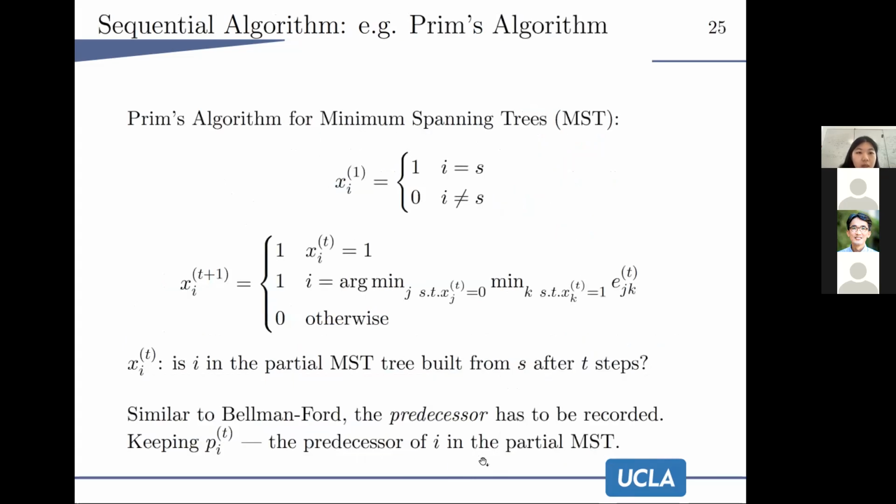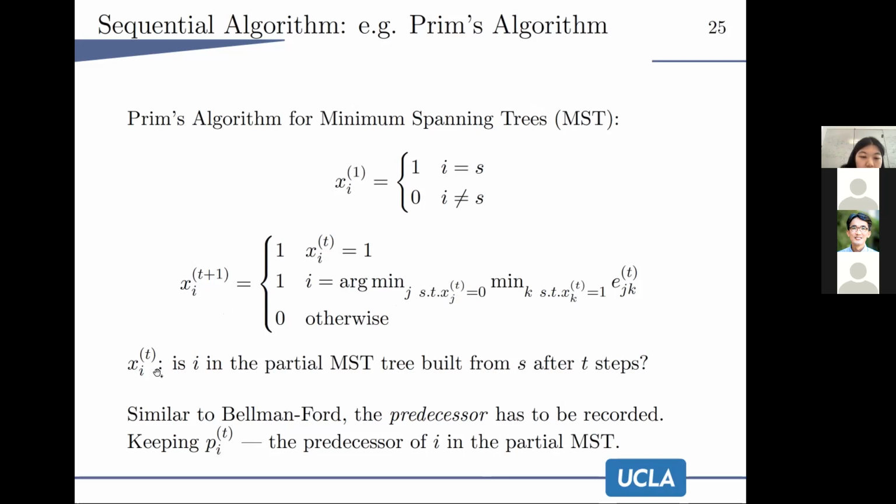Okay. And if we decompose the problem in this way, the example of Prim's algorithm for minimum spanning trees could also be decomposed into what is the initial state and what is the next step to be, and it also involves selection of the nodes.